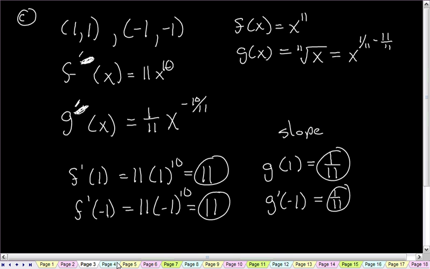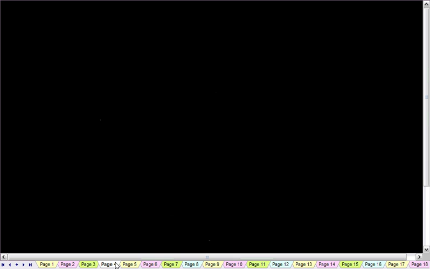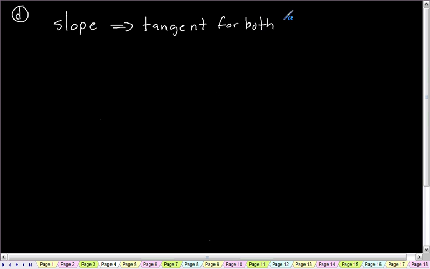Letter D. They want to know what is the slope of the lines that are tangent to both f of x and g of x.